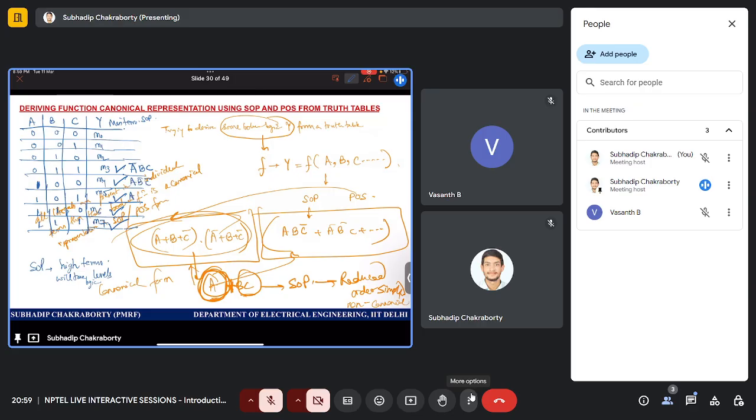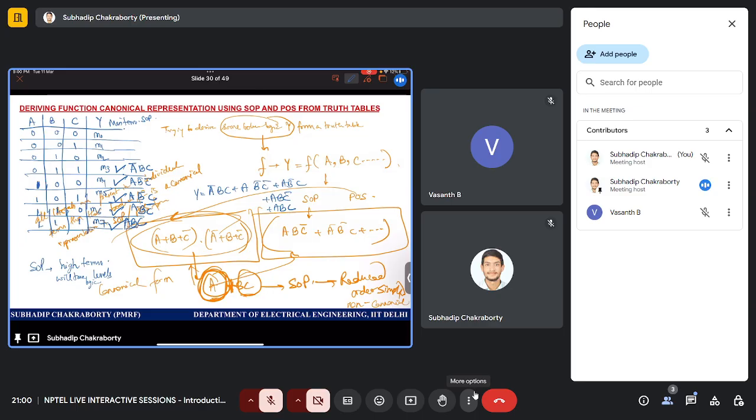This is nothing but A B bar C. This is nothing but A B C bar. And this is nothing but A B C. So in sum of product form, I will have Y as A bar B C plus A B bar C bar plus A B bar C plus A B C bar plus A B C. Agreed?